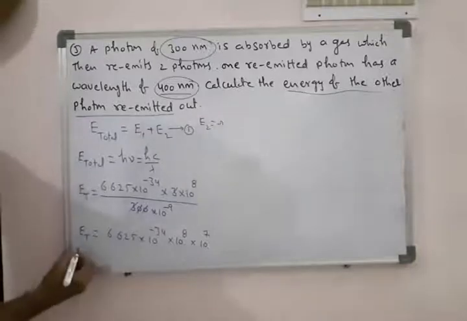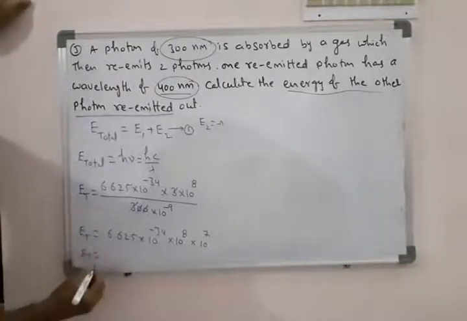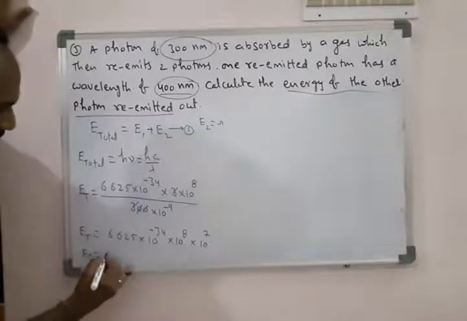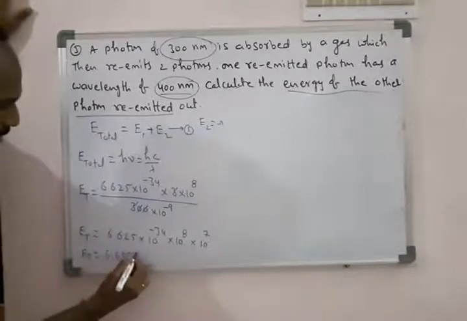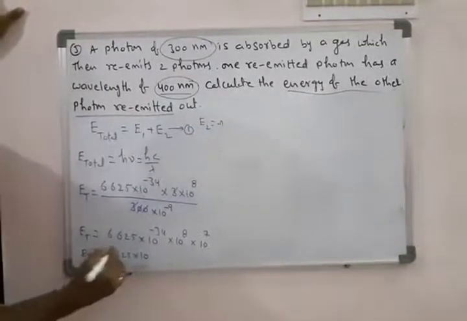So at last we get the total energy as 6.625 into 10 to the power minus 19 joules.